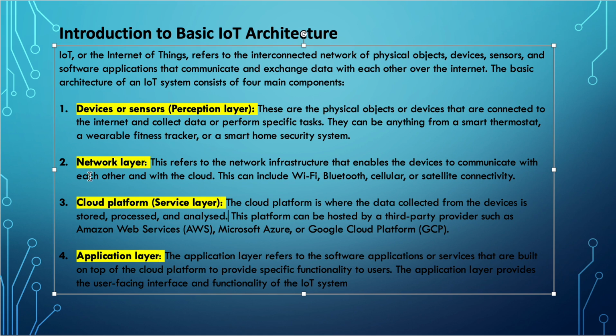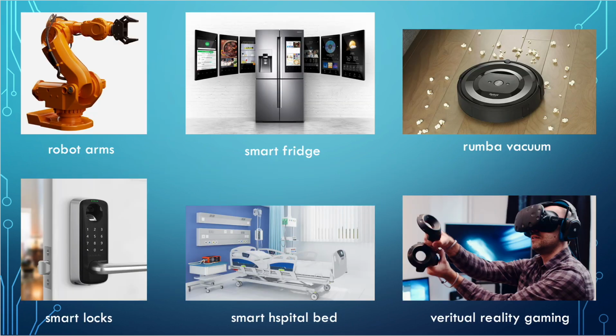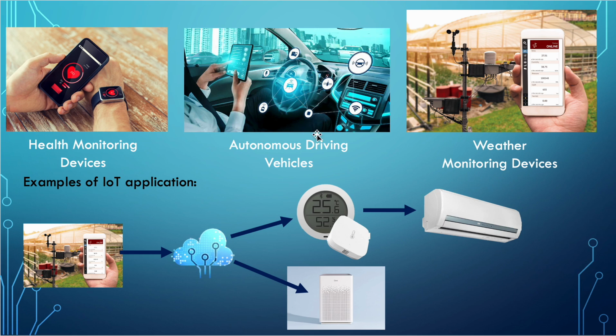So for example, if we go to our examples again, let's go to the smart fridge, or the best example, the autonomous driving vehicle. If you study how these vehicles are built to drive by themselves, the vehicles themselves process the data to give the output. They drive by themselves. They do not release the entire large set of data into the internet, let it process and come down, because there will be a delay.